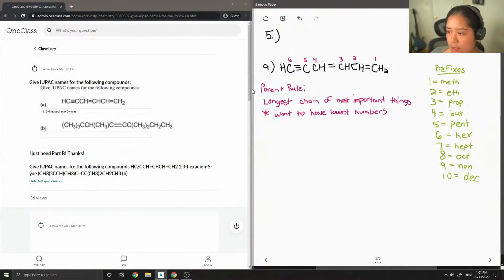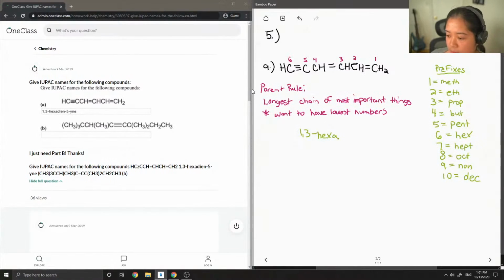And the first thing I like to do is to notice that this whole thing can just be like a parent. And since there are 6 carbons, I'm going to write hexa. So on carbons 1 and 3, there is a double bond. So in order to say that, I'll say 1, 3.